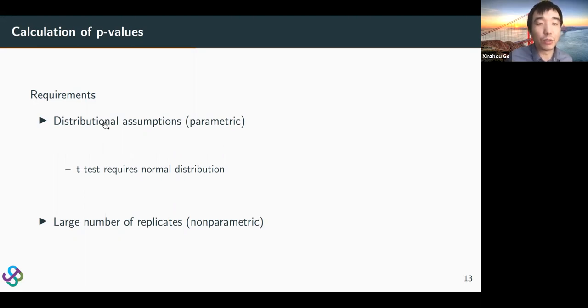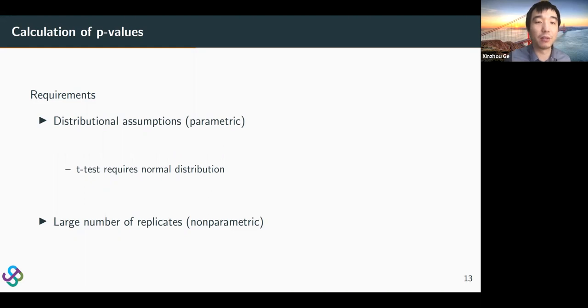The two-sample t-test requires that the measurements come from the normal distribution. It is a very strong assumption, in fact, and for most biological data, especially when the number of patients is very small, we cannot really know what distribution the measurements come from.